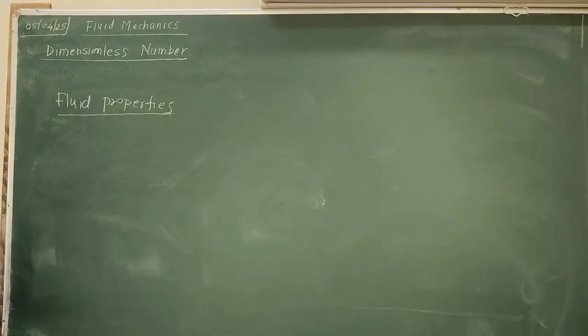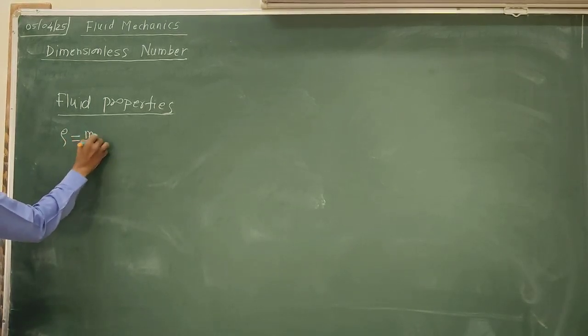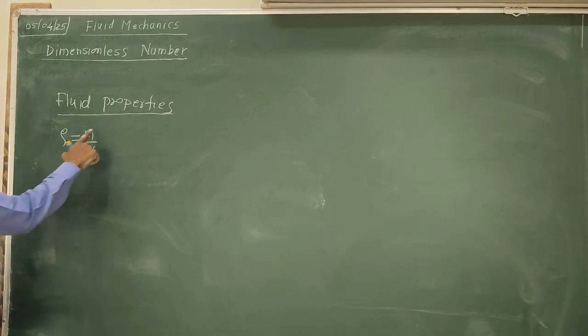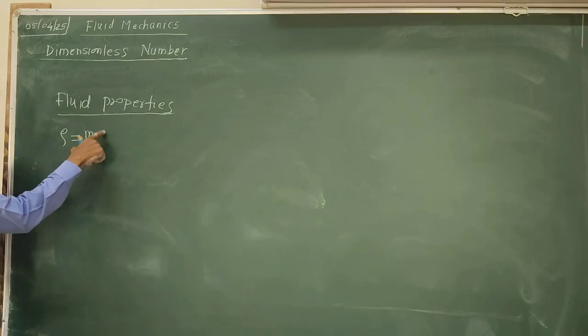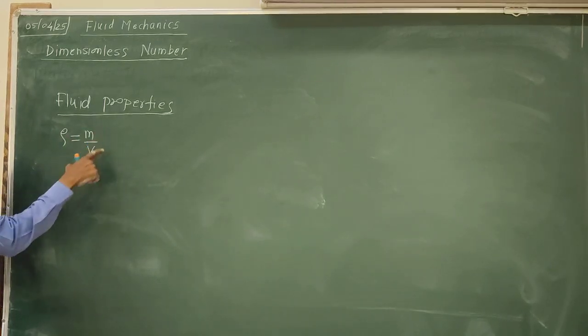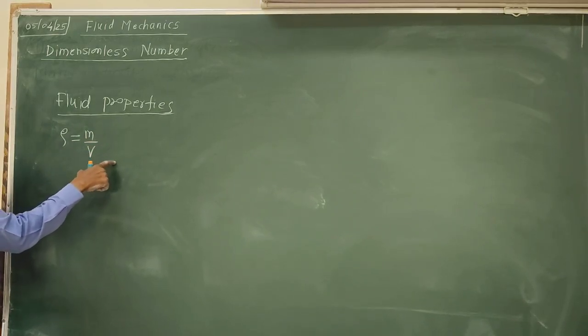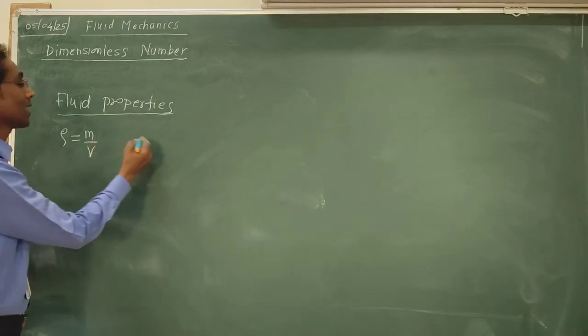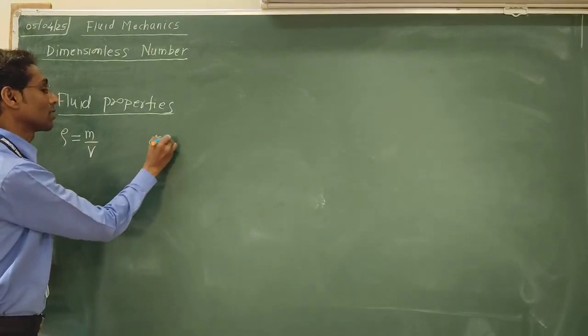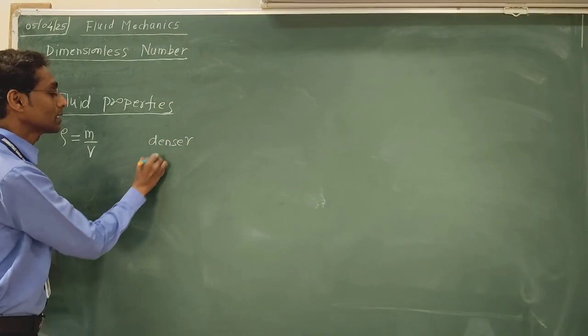Which are the properties? Density. Density gives information about its mass per unit volume. For 1 meter cube, what is the mass of that object? Based on that, we say that object is denser or lighter.